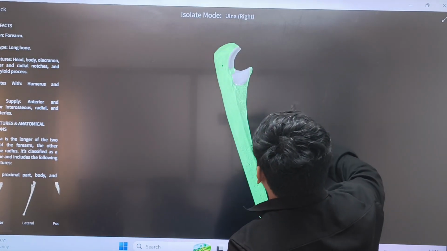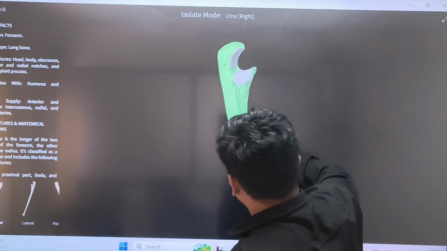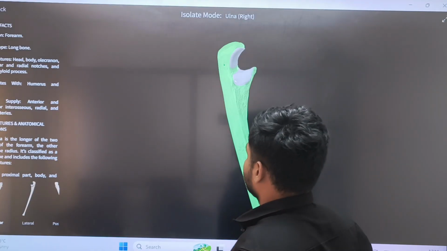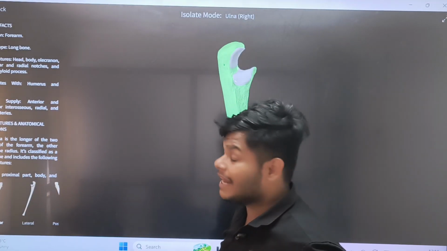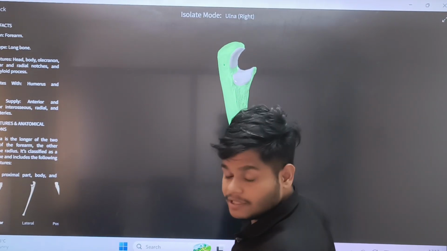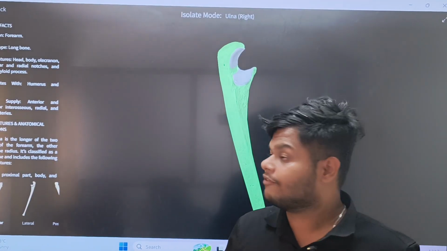So this is its lateral surface along the lateral or interosseous border. This lateral surface continues with the lateral surface of the posterior surface of the shaft.